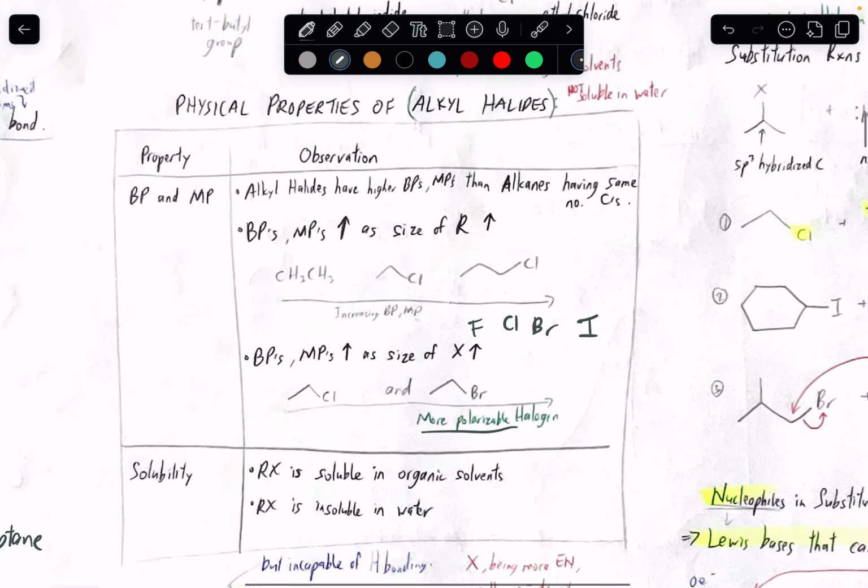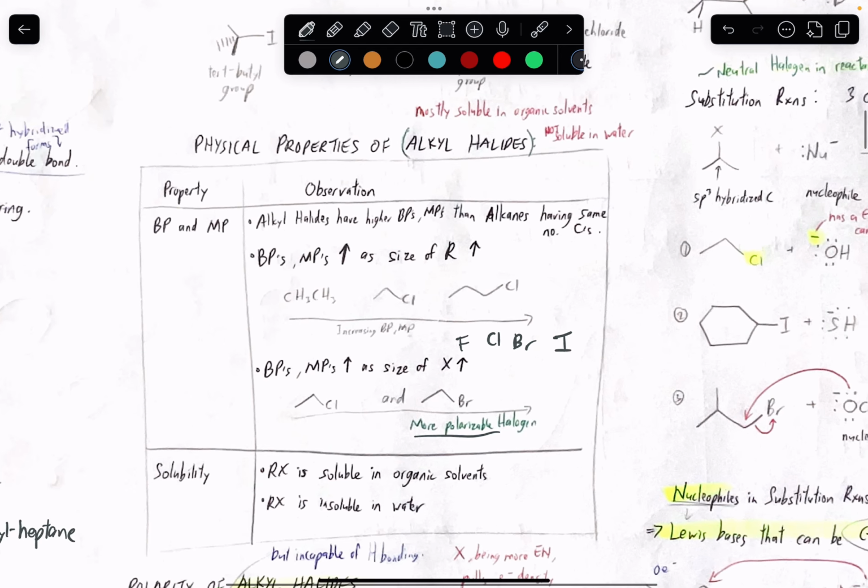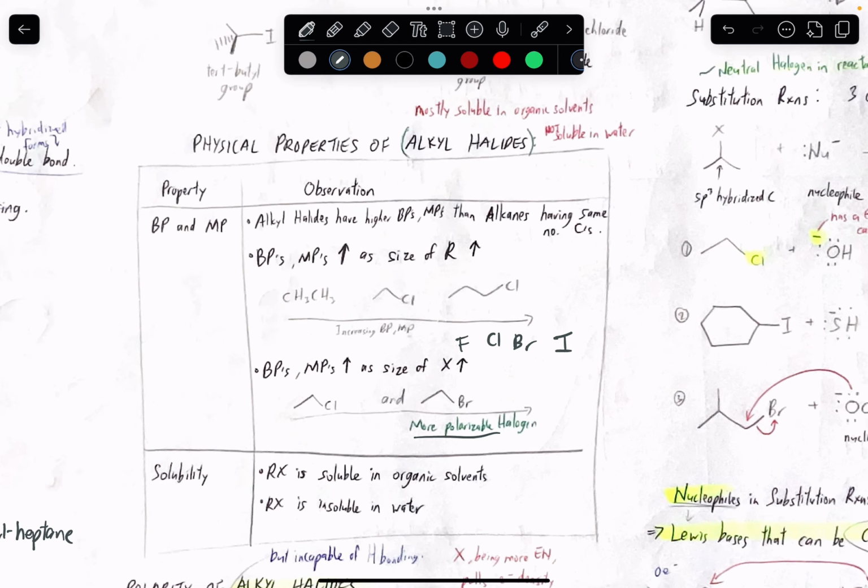When it comes to solubility, I've already mentioned this earlier. The alkyl halide, or denoted as RX, by the way, is soluble in organic solvents, but it's not soluble in water. Why is that? I think it has something to do with alkyl halides being weakly polar.